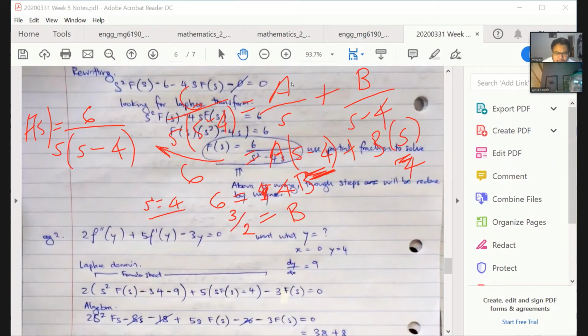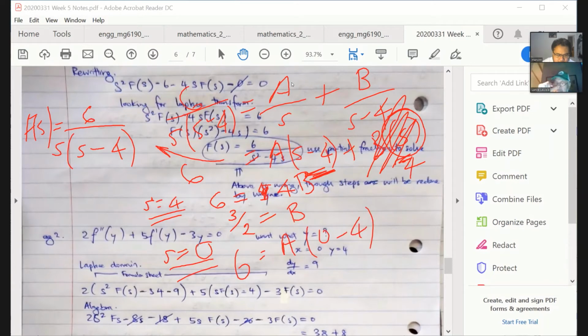Now when s is 0, the term with s will disappear. The left-hand side will still be 6. The right-hand side will be A times (0 minus 4), so minus 4A equals 6.